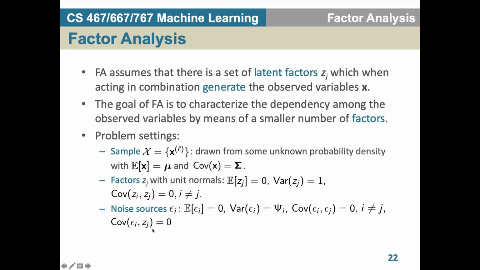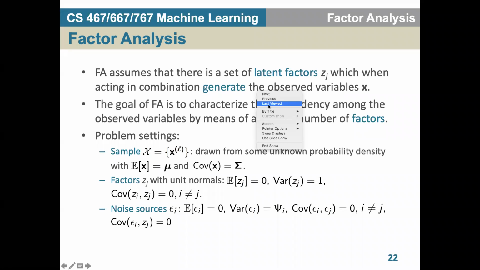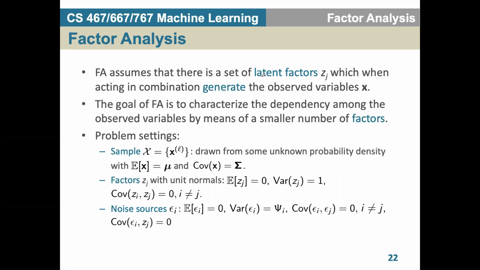For example, if the hidden factors are Z1, Z2, Z3, they are orthogonal, and my noise epsilon 1 is only along sigma 1, not covarying with sigma 2 and sigma 3.